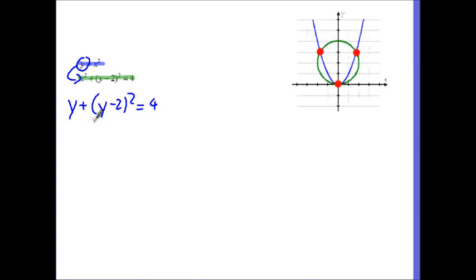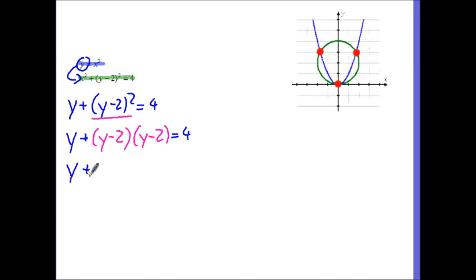This part. So we get y plus y minus 2 times y minus 2 is equal to 4. And we need to go ahead and multiply that part out.